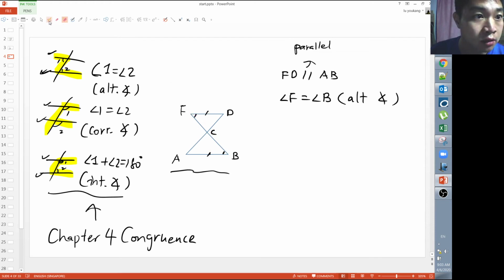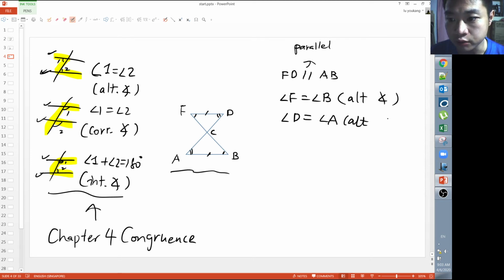Next, I hope you can see this angle is also equal to this angle. The reason is alternate angle. So angle D is also equal to angle A using alternate angle as well. This is your Z once again.